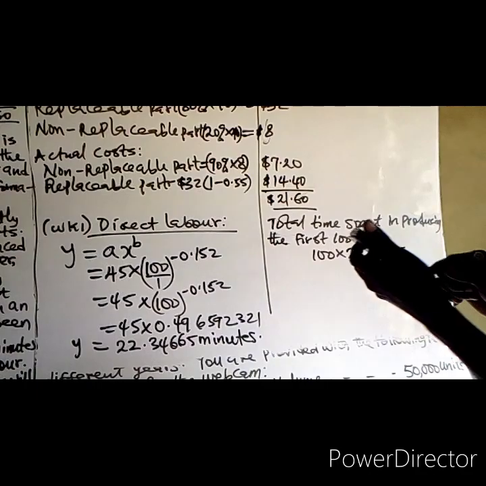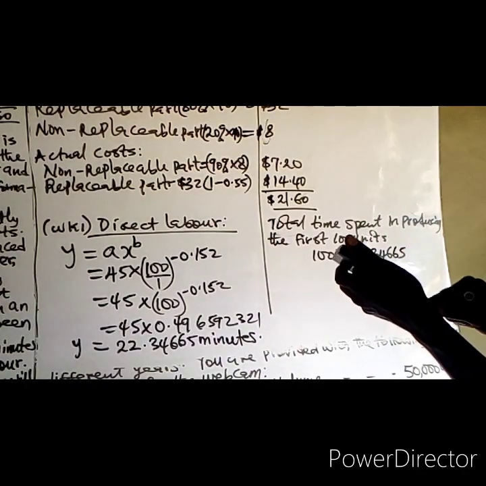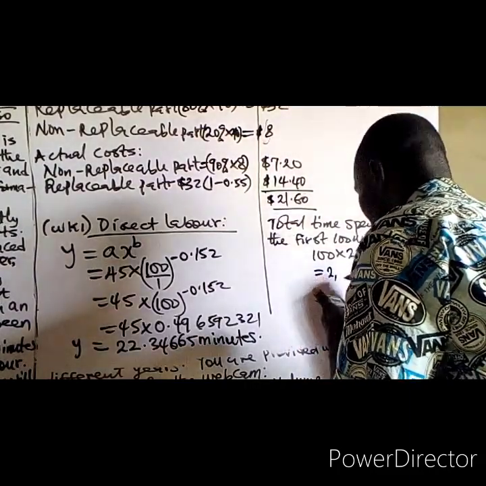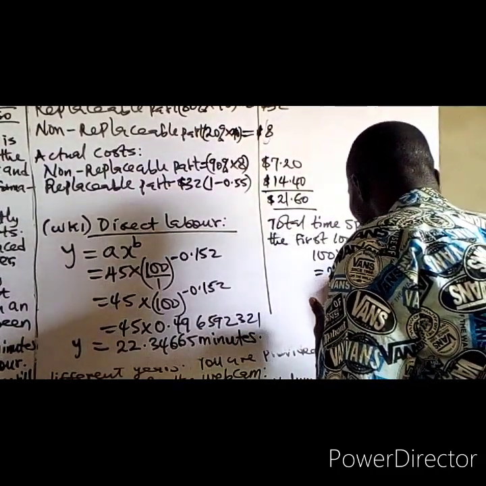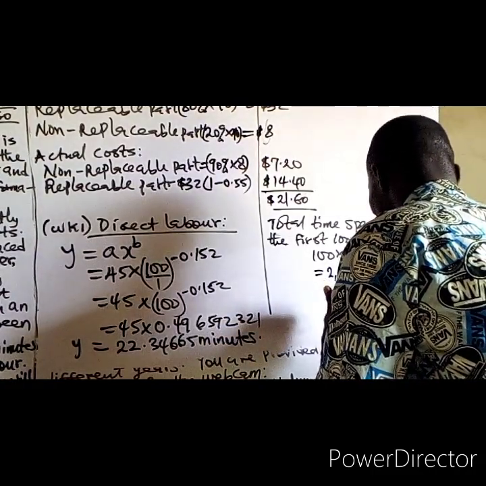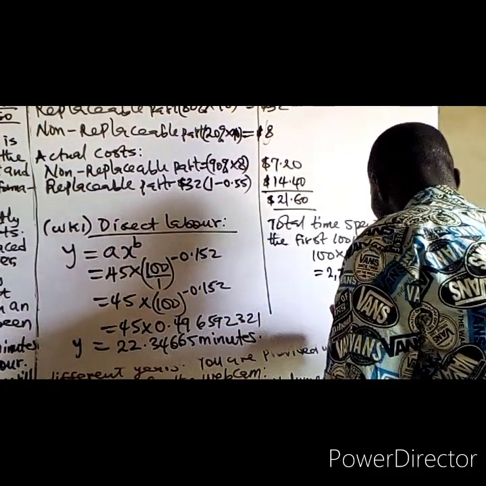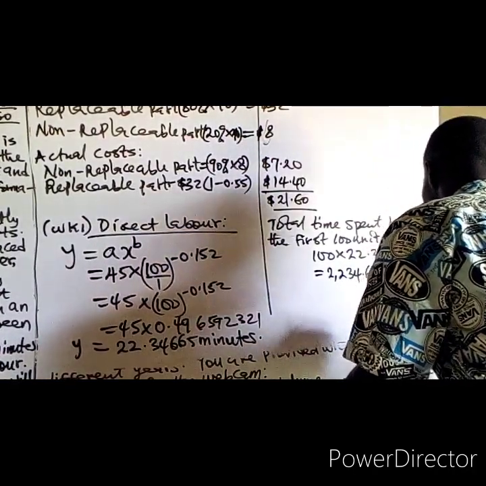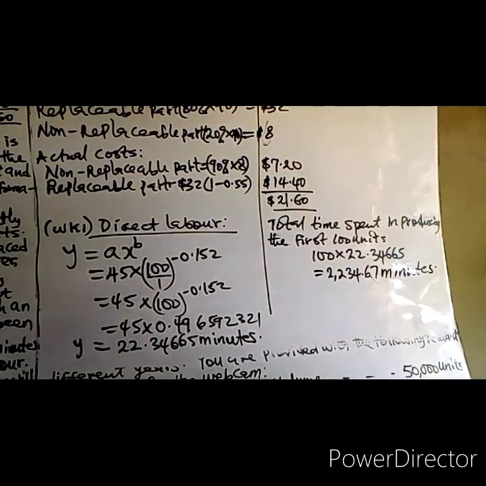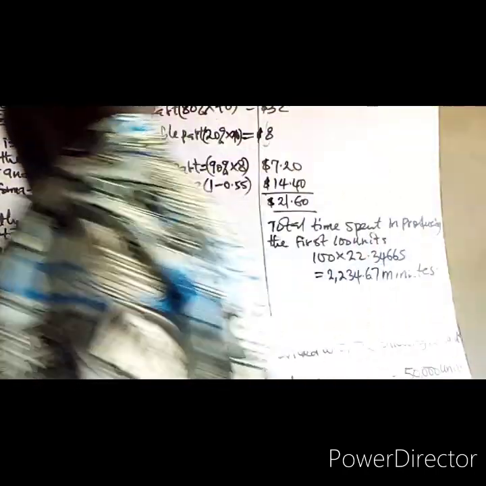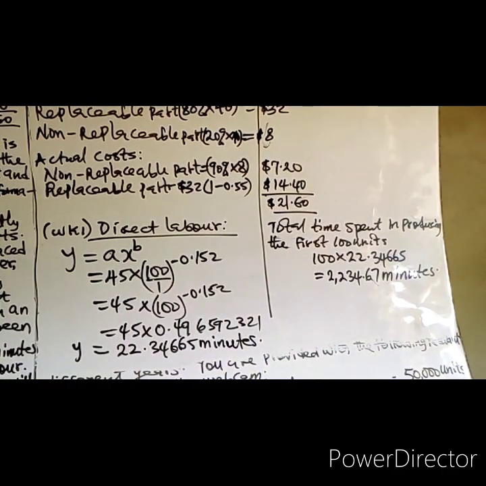If you multiply that, you have 2,234.67 minutes, approximated to 2 decimal places. That is the time spent in producing the first 100 units.